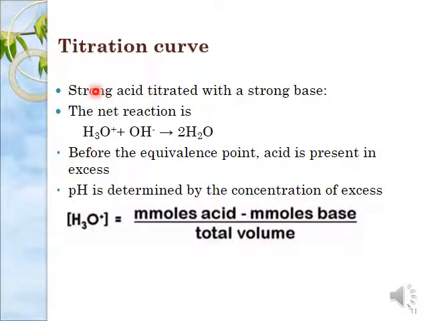So let's see here. A strong acid titrated with a strong base, meaning the sample is strong acid and the titrant is a strong base. This is the reaction that we expect to occur: acid H3O+ with base OH-. This OH- can come from any type of strong base, KOH, NaOH.